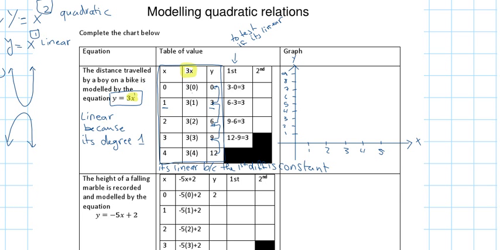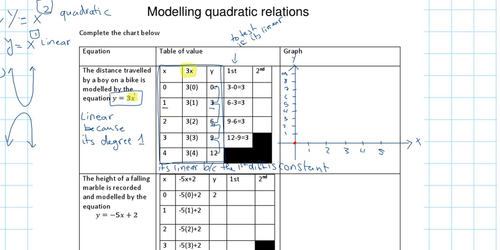So my first point is 0, 0. X is 0, y is 0. Where would that be located on my graph? At the origin. Right? So this is where my 0, 0 is.